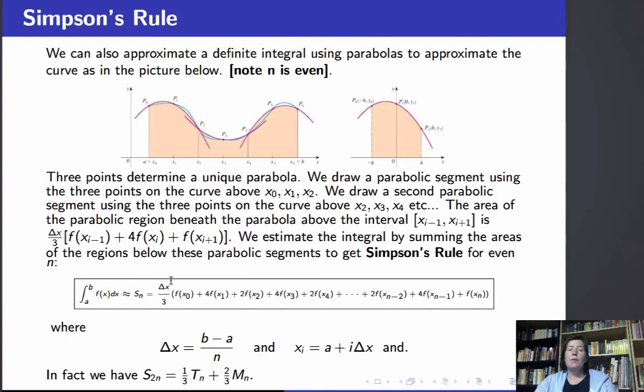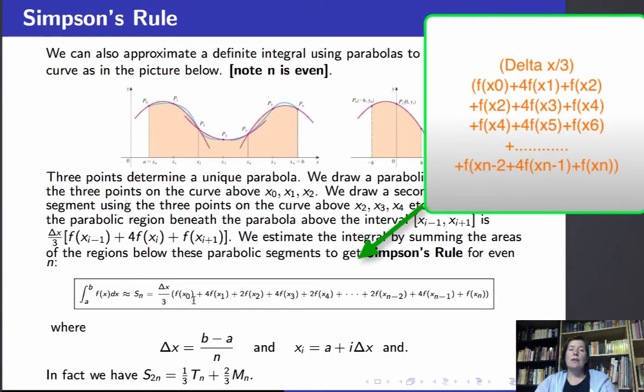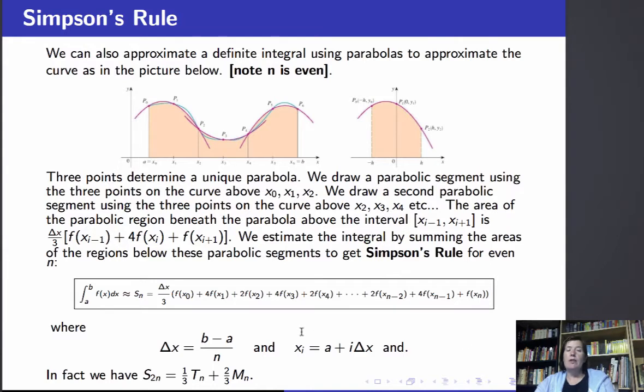The final formula is delta x over 3 times f of x0 plus 4 times f of x1 plus 2 times f of x2 plus 4 times f of x3, and so on, plus 4 times f of x n minus 1 plus f of x n. And of course we have the usual formula for delta x, it's b minus a over n, and x i is a plus i times delta x.